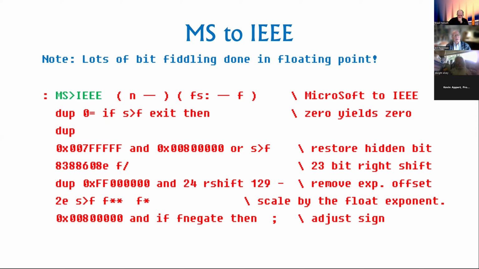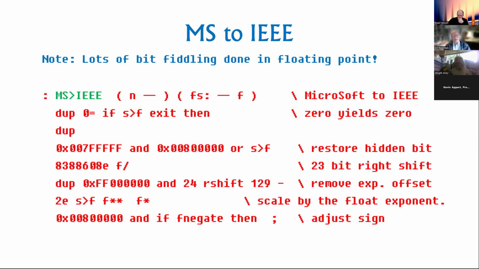What the S to F does is take the single number and convert it properly to the IEEE number. Essentially, a 32-bit value is converted to a 64-bit value, all zeros. Then a line down or so, we see a fairly complicated line to restore the hidden bit.